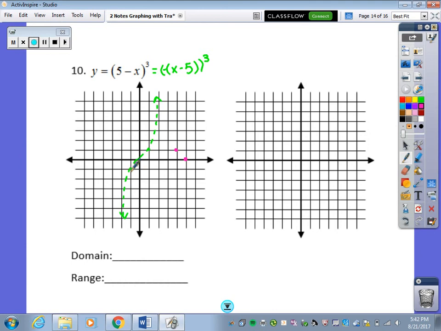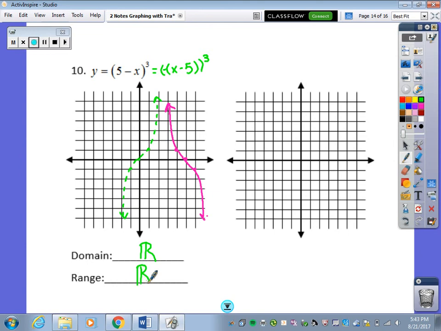Now this point. First, flip, now move it over 5. 1, 2, 3, 4, 5. Our new function is going to look something like this. Our domain is still all real numbers, and our range is still all real numbers.